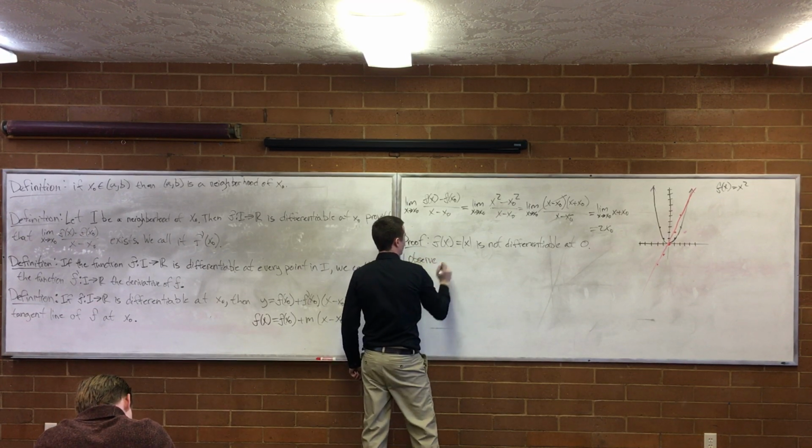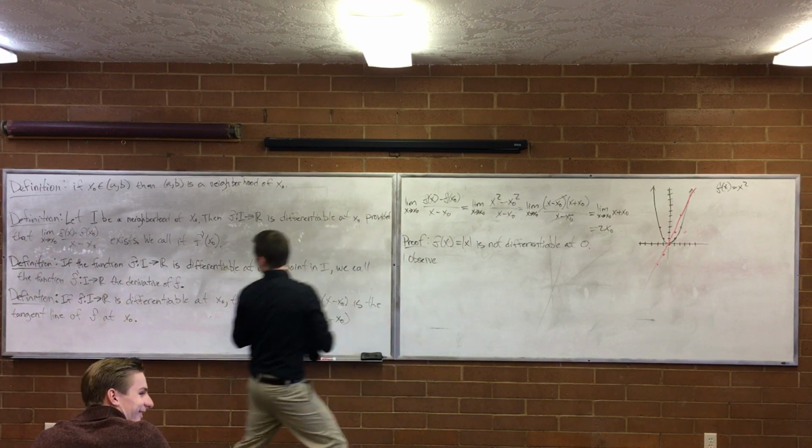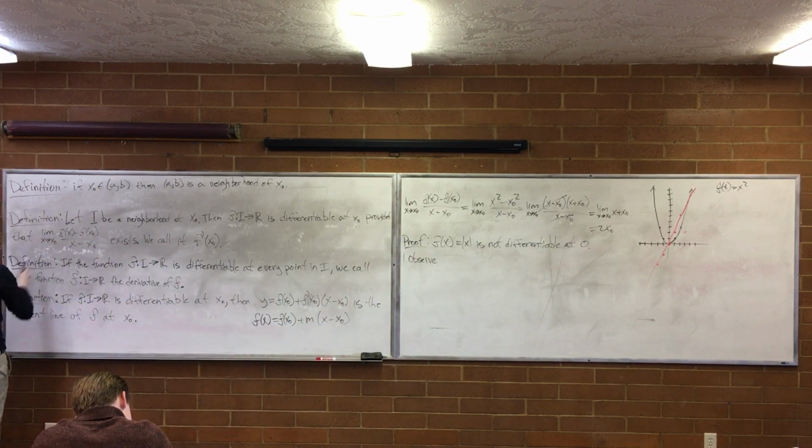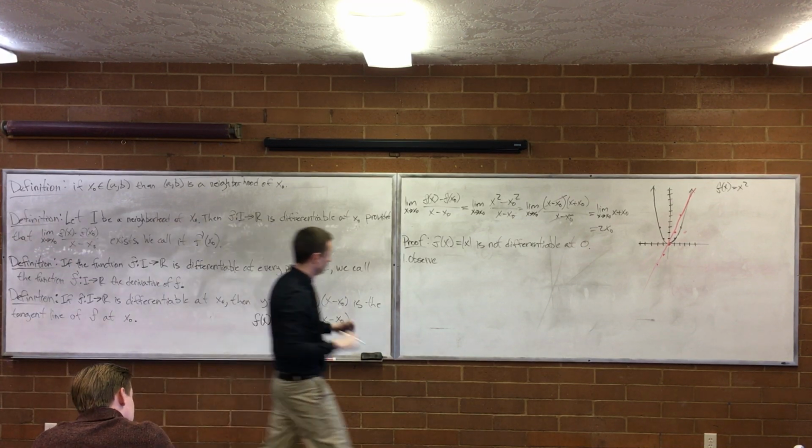What do you mean, sequences? If you don't like thinking about it as a limit as x goes to x naught, we can always pick an x_n that converges to 0 and do this with x_n.